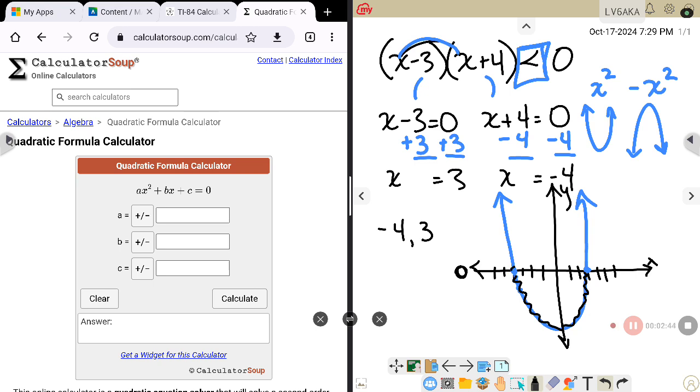Now, these here are not included in what I'm talking about because we don't say less than or equal to 0. We just want to know the parts that are below 0, which means this interval will get a parenthesis.